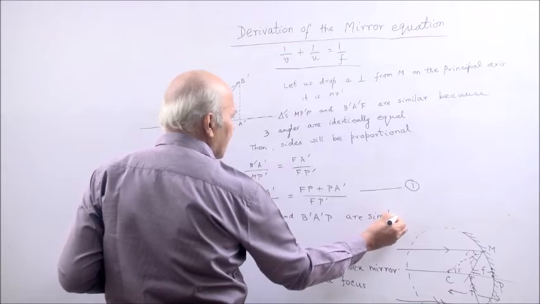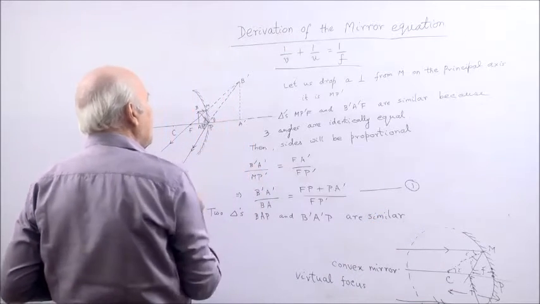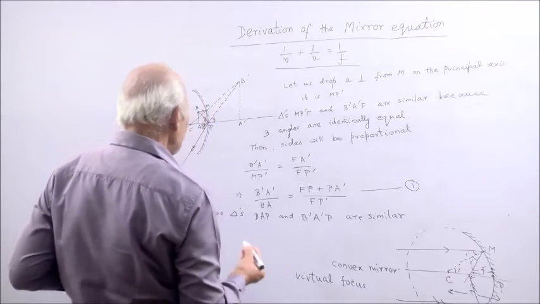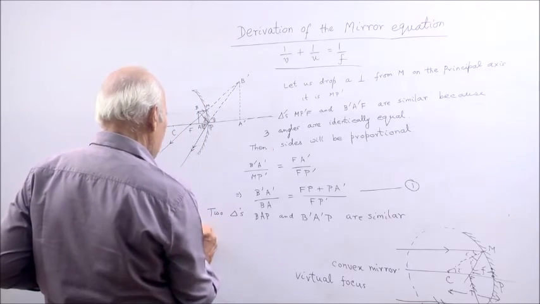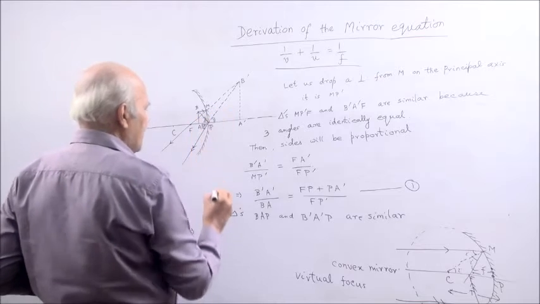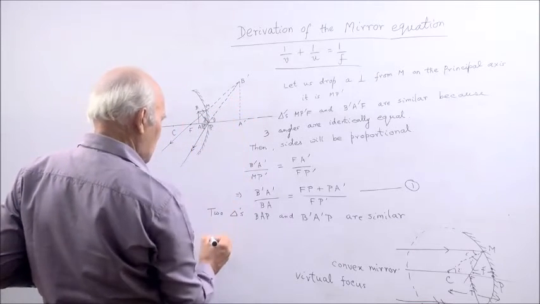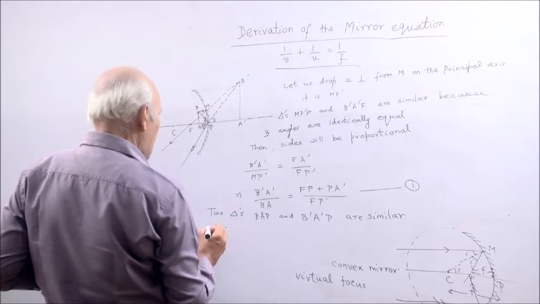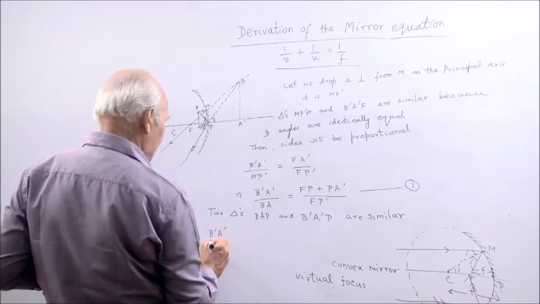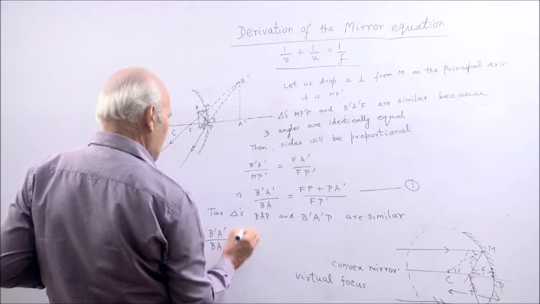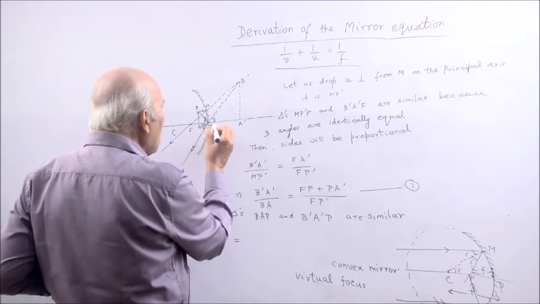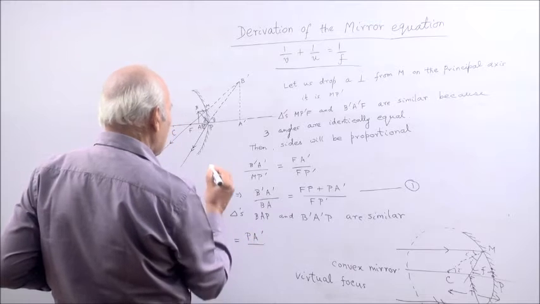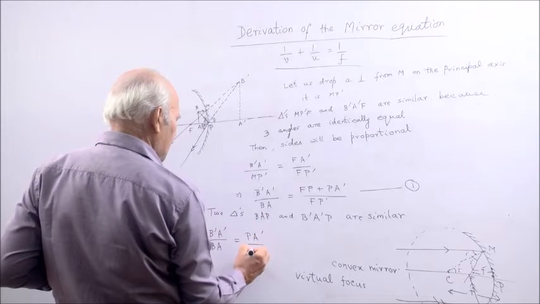The three angles are similar: 90 is there, this one is the same, and the rest is the rest. So the sides will be proportional. That implies, let us take first B dash A dash by BA is equal to P A dash by AP.